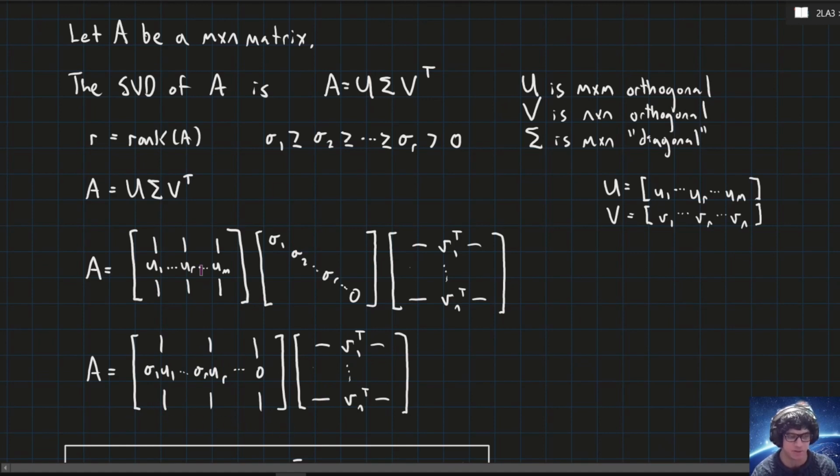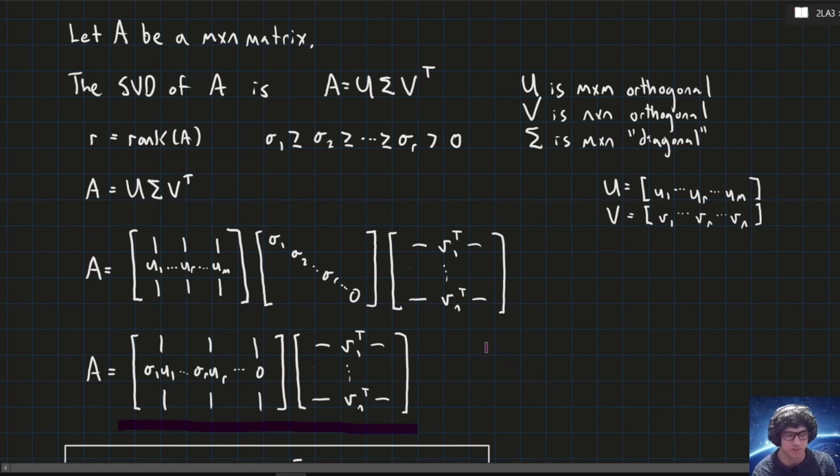Notice that everything past u r just turns to 0, because it's associated to the singular value 0, so all this just disappears over here. And now I want to multiply these two matrices.